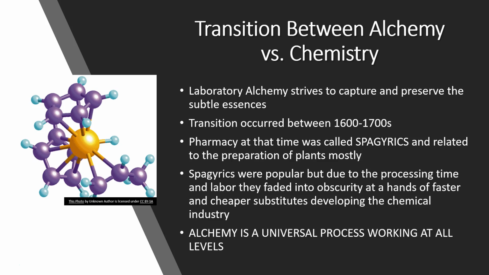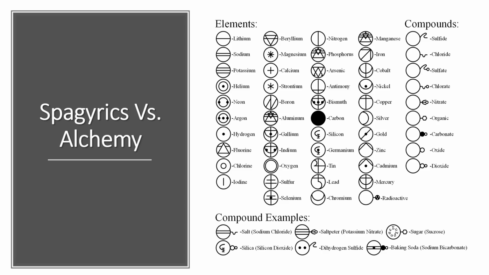This is another reason for secrecy surrounding alchemical works. This is another list in which we have all the elements of what we now call the periodic table, and some of the compounds that were more used at that time.